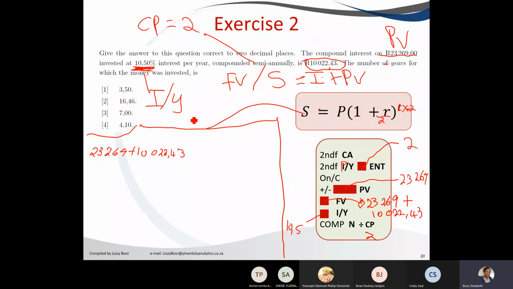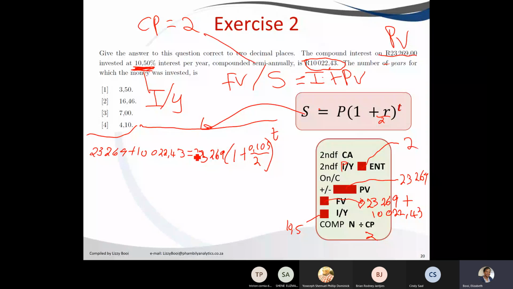So we're using the formula: 23,269 times 1 plus your rate, which is 0.105 divided by 2, to the power of how long? We don't know how long, so it will be t. You don't even have to multiply by t. We need to make t the subject of the formula.